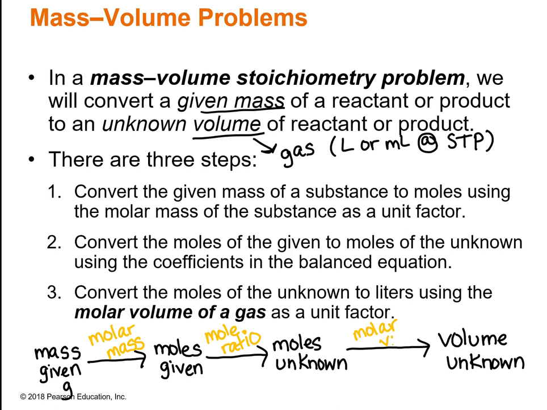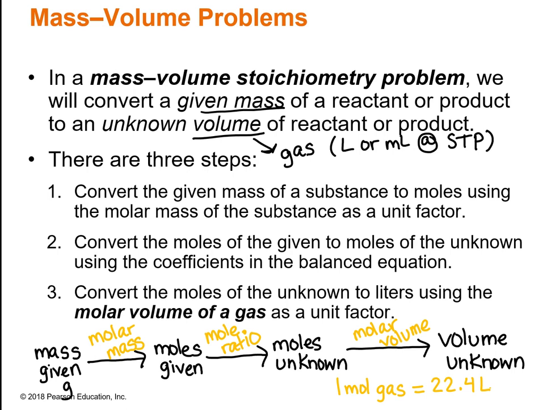And this was from chapter 8, where we said that 1 mole of gas at STP has a volume of 22.4 liters. So that is molar volume. That's how you go from mole of gas to volume of gas. And pay attention to whether or not the question is asking for liters or milliliters.